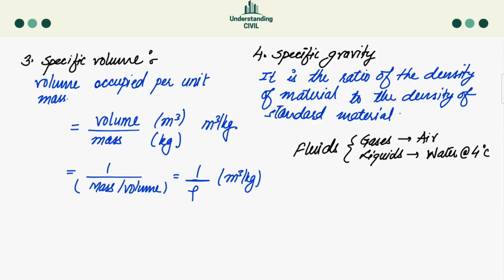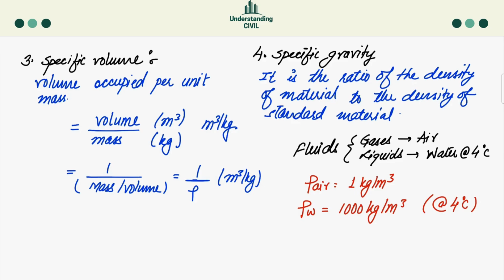The density of air is defined as 1 kg per meter cube, and the density of water is defined as 1000 kg per meter cube at 4 degrees centigrade. Usually all questions will consider the same density.